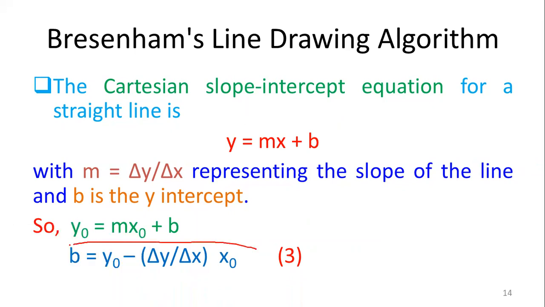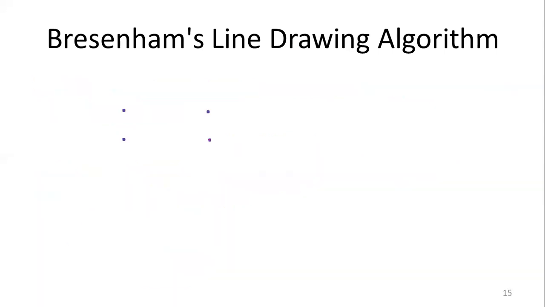From that, b is y0 minus delta y by delta x into x0, because m is delta y by delta x. So from this equation, we got the value of b as y0 minus delta y by delta x into x0.